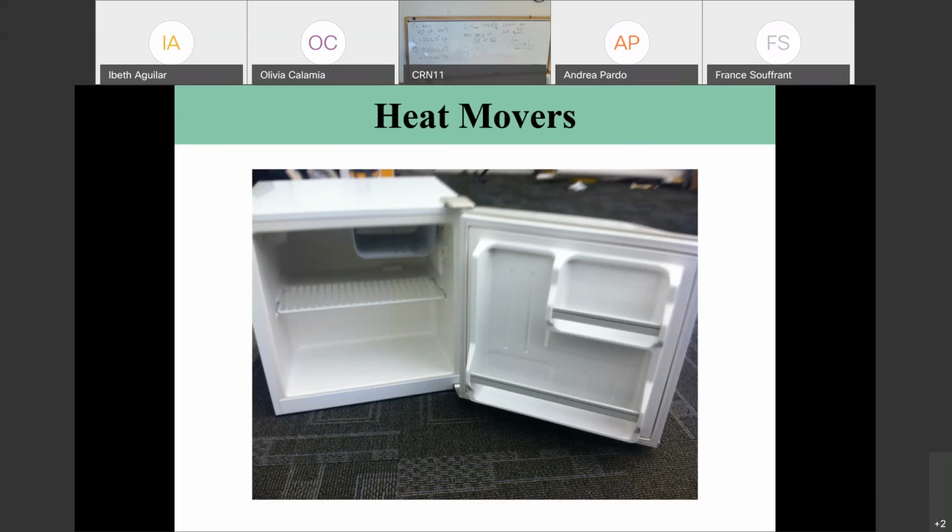So, ironically enough, if you leave a refrigerator open, maybe that has happened to you guys, for so long, you will notice that after some time, some of the area around the fridge is kind of getting warmer for some reason.